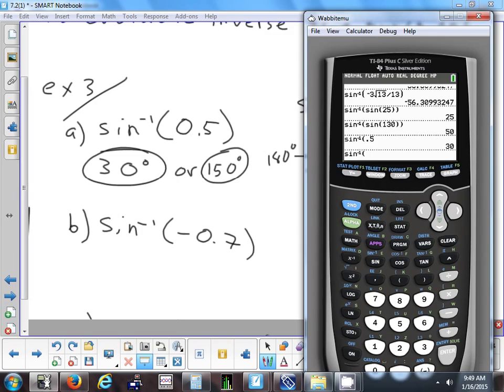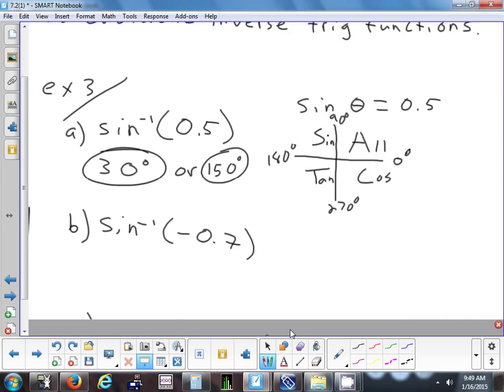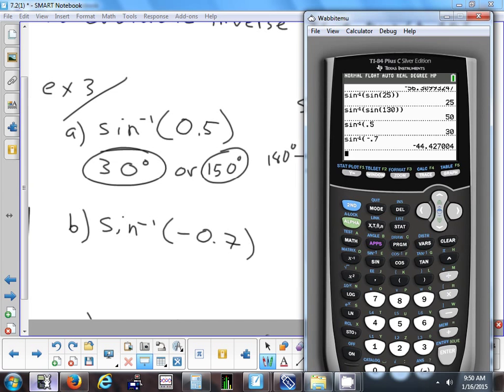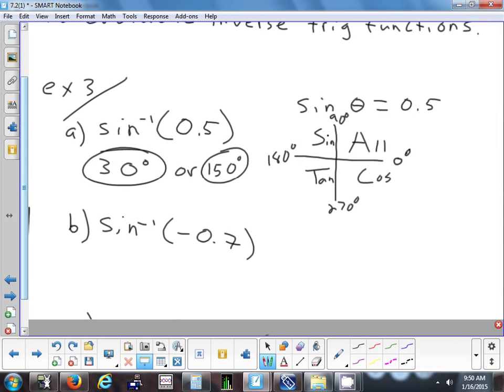Second, inverse sine, negative 0.7. Now I know I'm going to get an answer between negative 90 and 90. I already know that. In this case, I knew it wasn't going to be between 0 and 90 because that would have been positive, quadrant 1. Okay, so I knew it's going to be negative. So negative 44.4. Let's just say that.